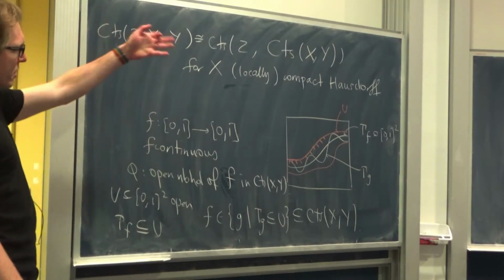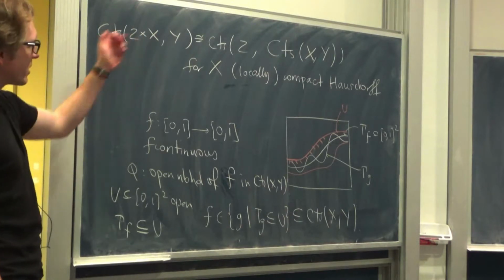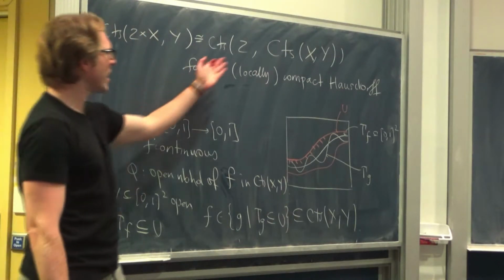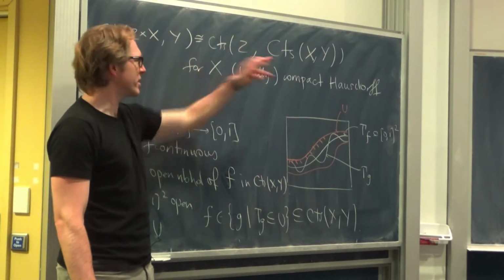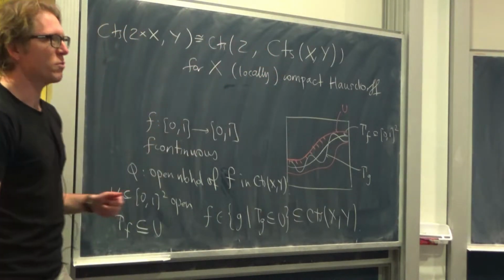So we want a topology on that set of functions such that for X compact Hausdorff at least we have this identity. Otherwise how would you understand continuous maps into this thing if you couldn't write it in terms of something else? That's one way of putting it.